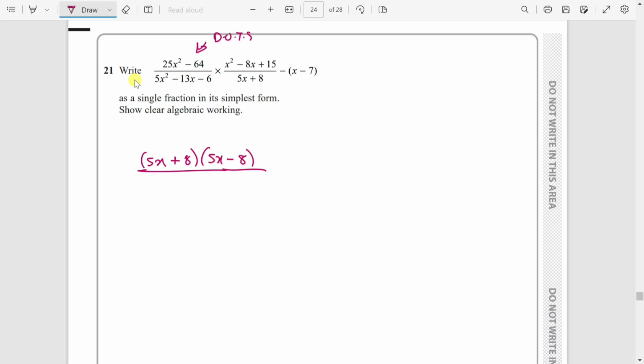Now, for the bottom, let's factorize the bottom equation. So let's do the same trick. So we want to basically, no, not the same trick, something different. So the trick is you want to basically get two numbers that multiply to get 6. So that could be, let's say, 2 and 3, or 1 and 6. So yeah, let's try and multiply one of these digits by 5 and see what works to get minus 13.